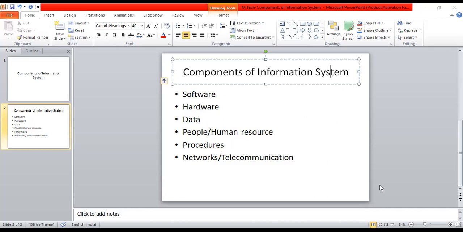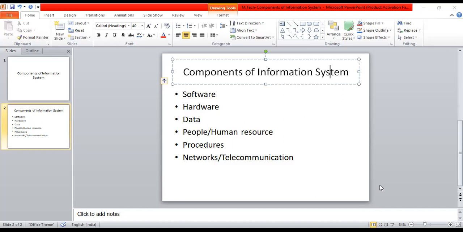The next component of the information system is people, or human resource. There are many roles for people in an information system. Common ones include system analysts, programmers, technicians and engineers who will do any task, network managers who will manage the network, MIS, the manager of the information system, and data entry operators.